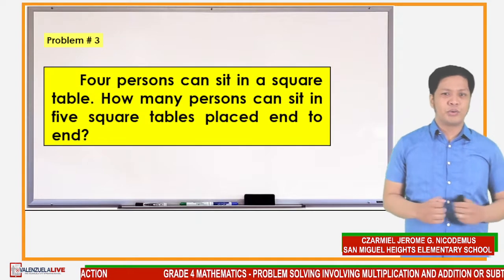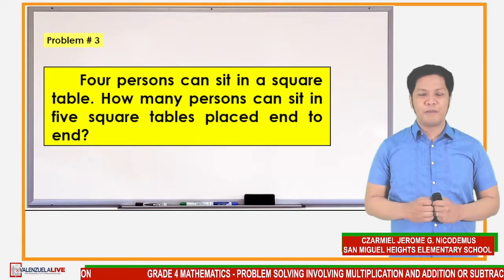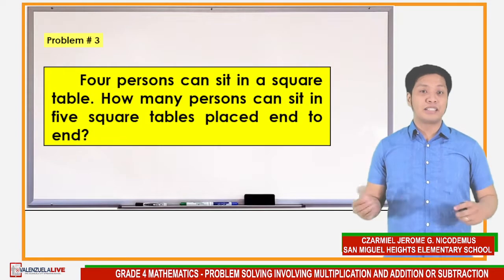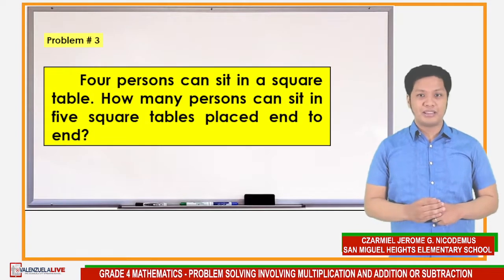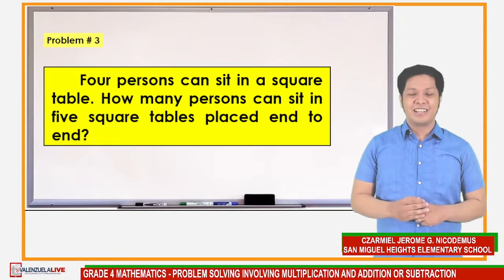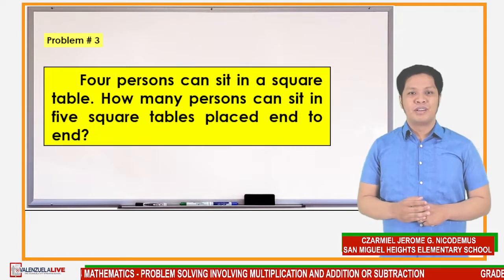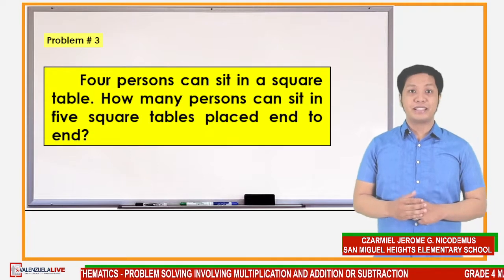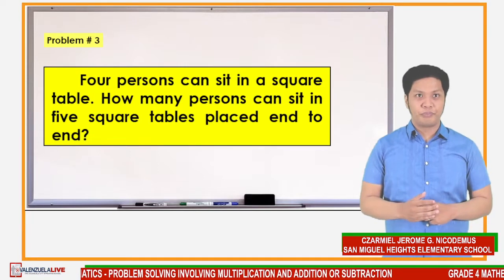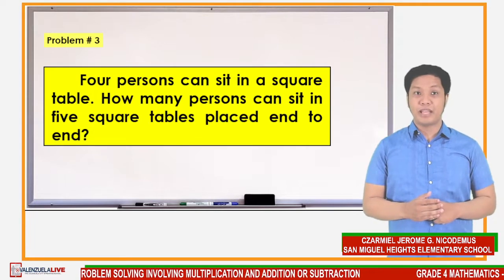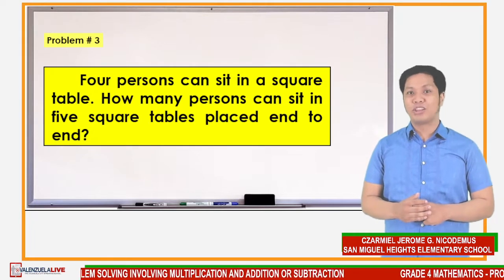So did you know that we can also solve word problems using other strategies? For this next word problem, we can try other strategies. Let us read the word problem. 4 persons can sit at a square table. How many persons can sit at 5 square tables placed end to end?